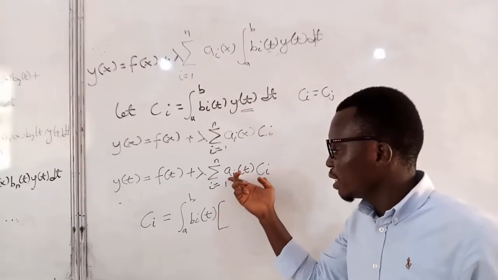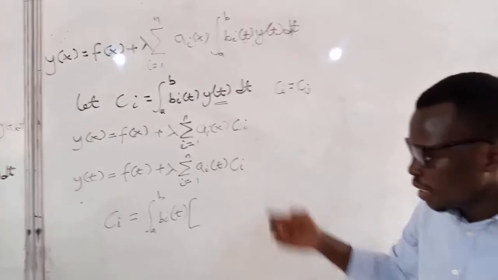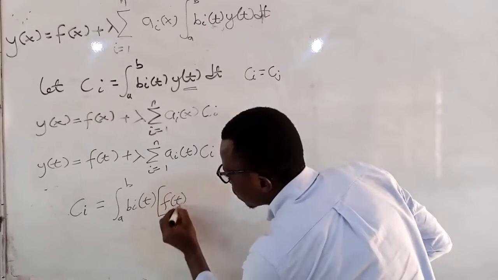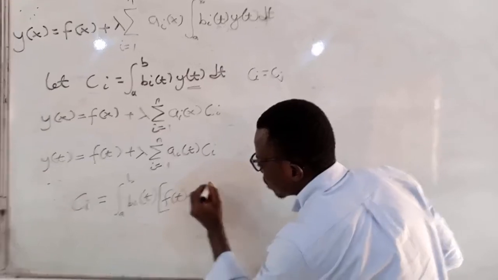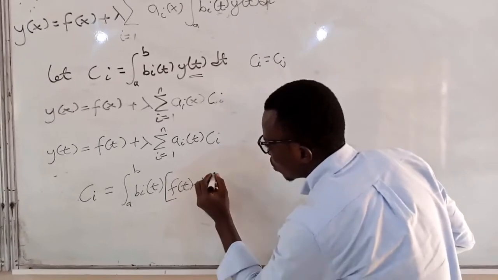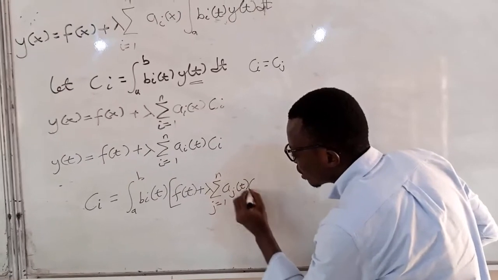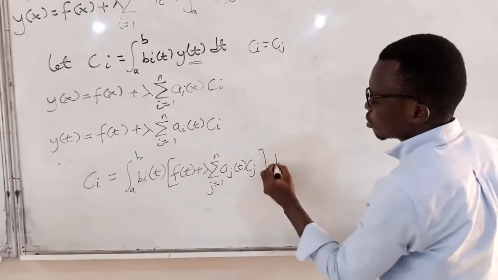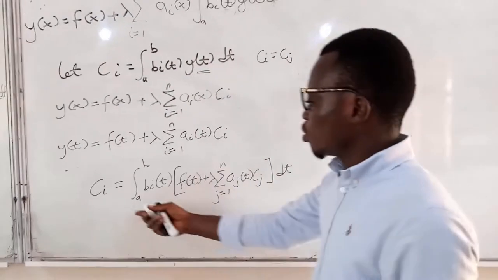So it becomes aj of t and cj. So this becomes f of t plus lambda summation of i equal to 1, j equal to 1 to N, then aj of t cj, then dt.